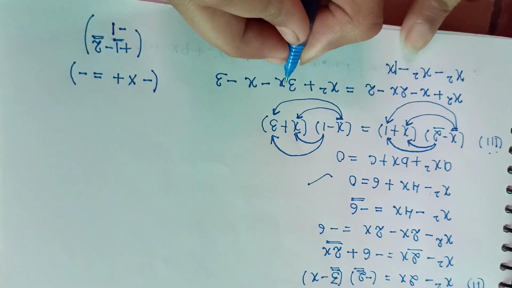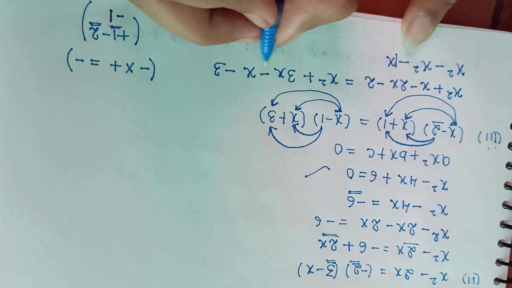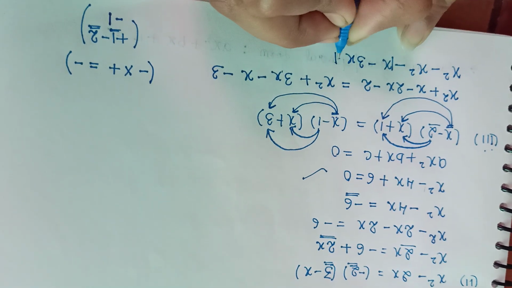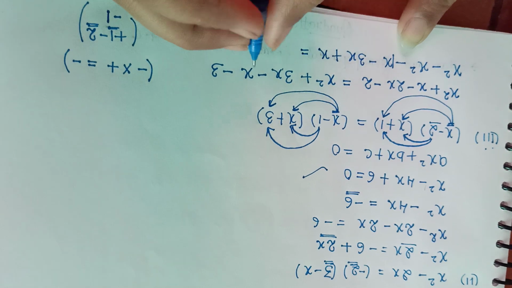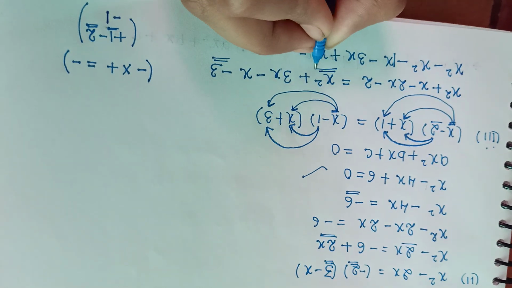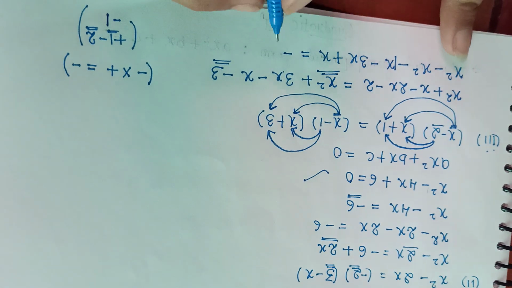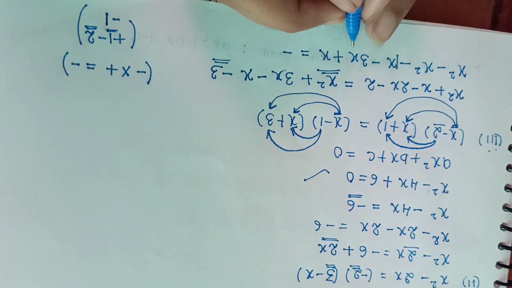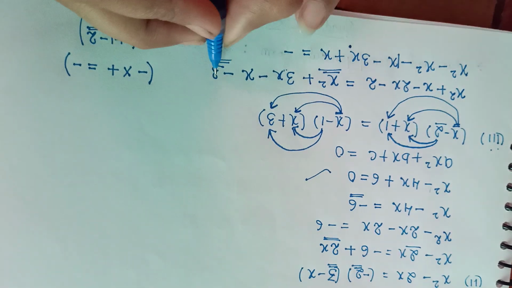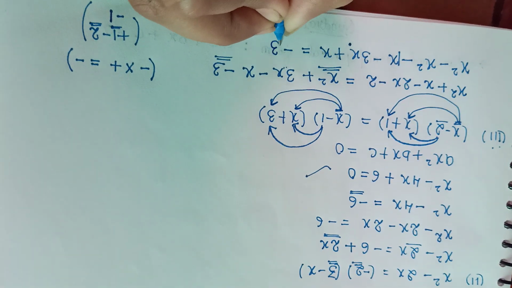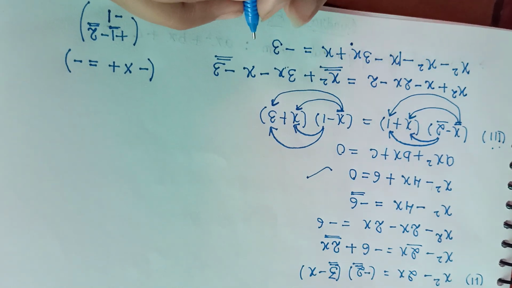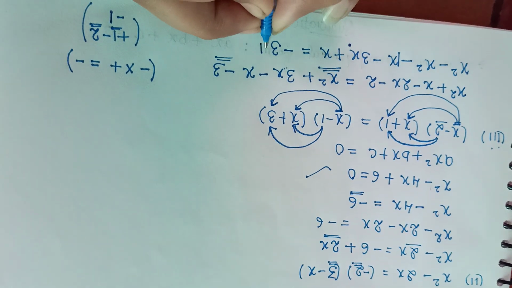Now we are going to shift this x part to the left hand side and we will get minus 3x plus x equals to minus 3. The remaining, because we have already considered this x square over here. 3x minus x, we are already shifted towards the left hand side. So the remaining part is minus 3. Now we are going to shift that minus 2 to the right hand side, and it becomes plus 2.